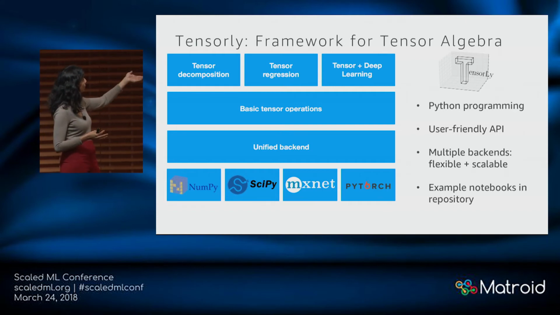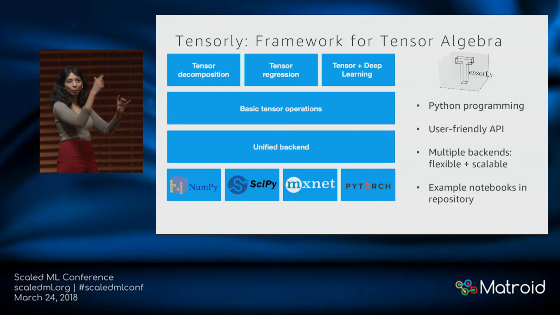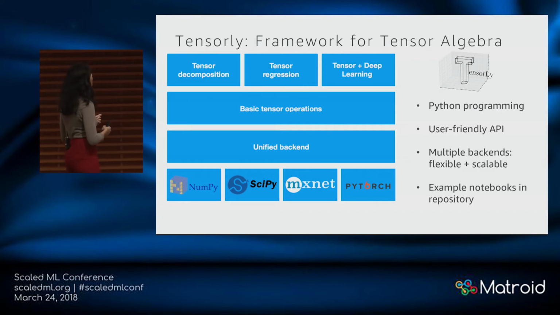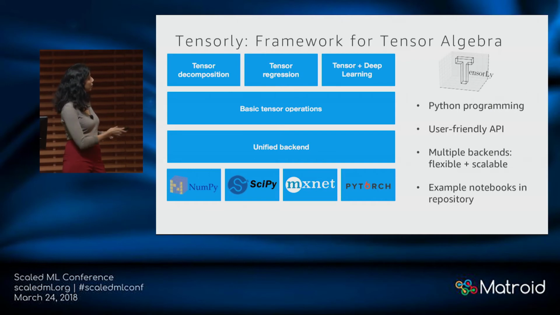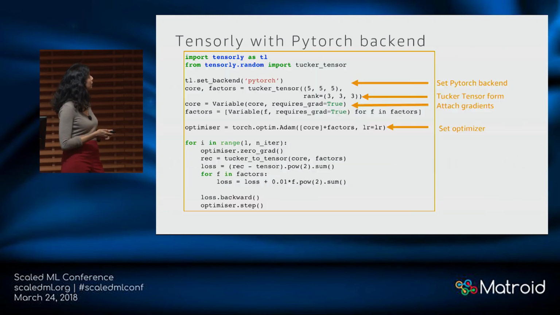So there are PyTorch and MXNet backends, as well as the standard NumPy backend. With that, you can now define different tensor layers and directly do backprop end-to-end. So it makes it very convenient to think of new operations, and you have this unified dictionary of operations available in this library. There are also example notebooks in the repository if you want to play with them.